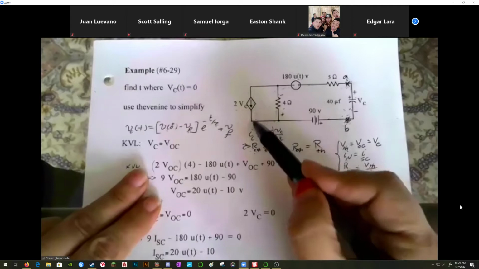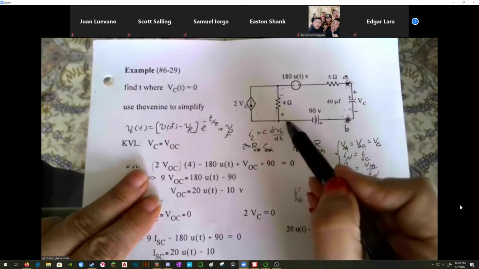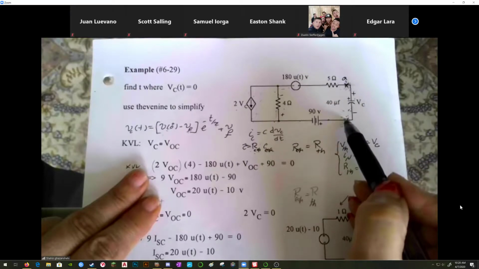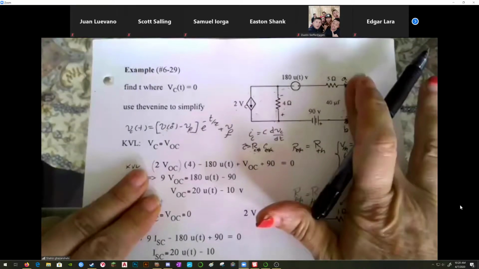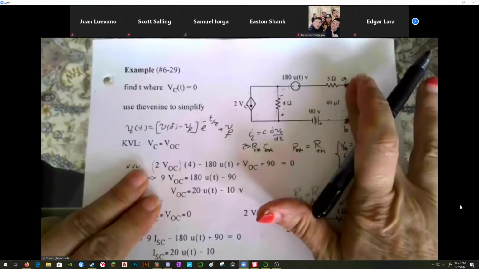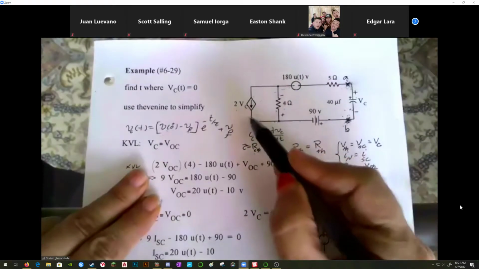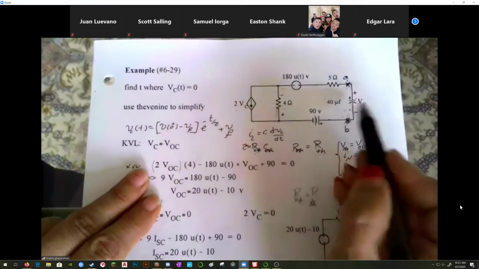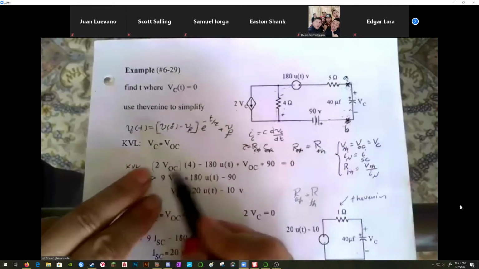Okay, all this current goes through here. Nothing goes here. Why nothing goes here? Because this is open, because we open this one, correct? Open circuit current is 0. So that's why the voltage here is 2 times VC, or VOC times 4.